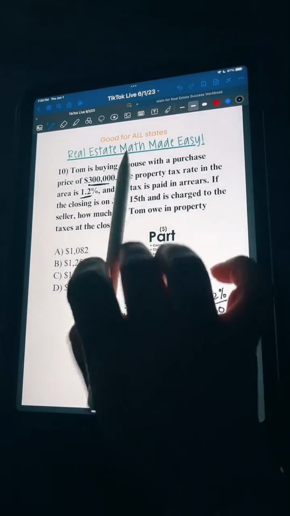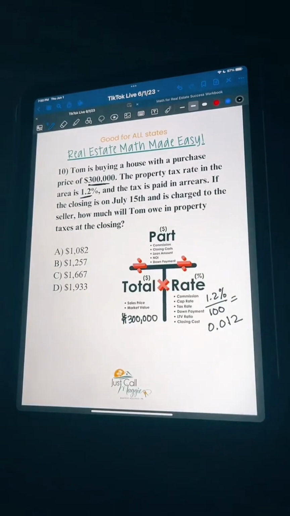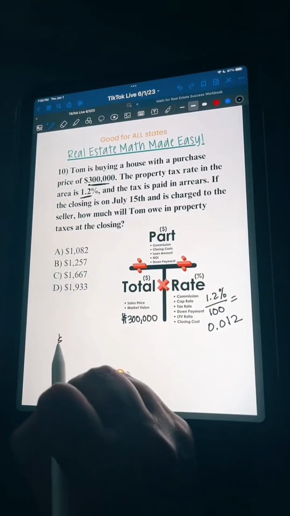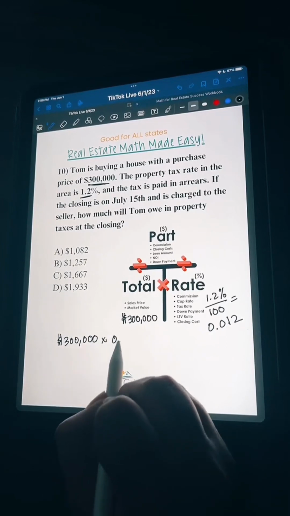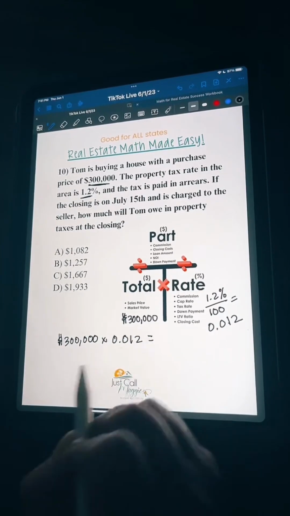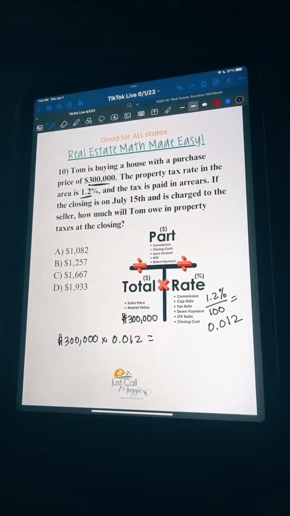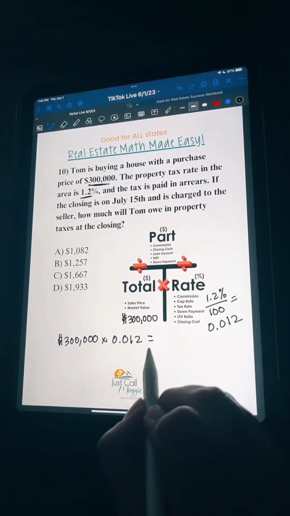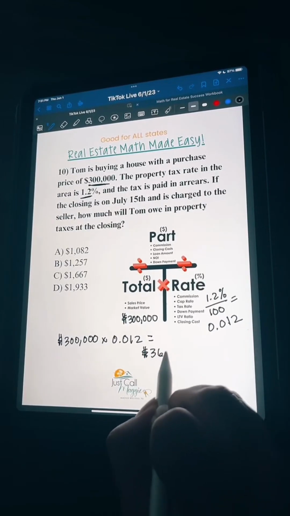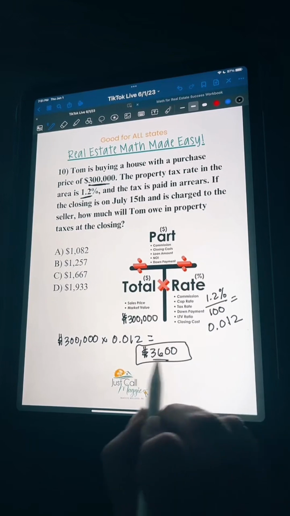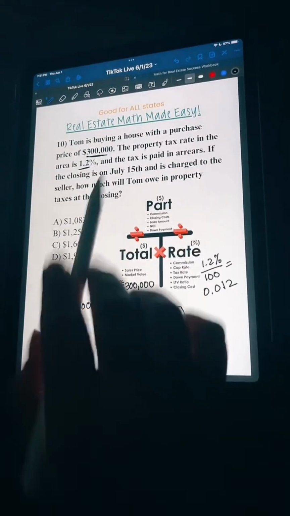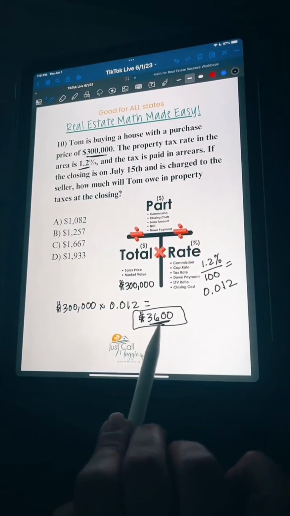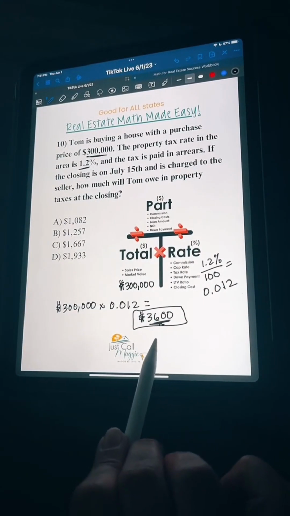This is good for all states. So now here we have 300,000 times 0.012, and that equals $3,600. Okay, so $3,600 is my total tax amount for the year. The seller's tax amount is $3,600.